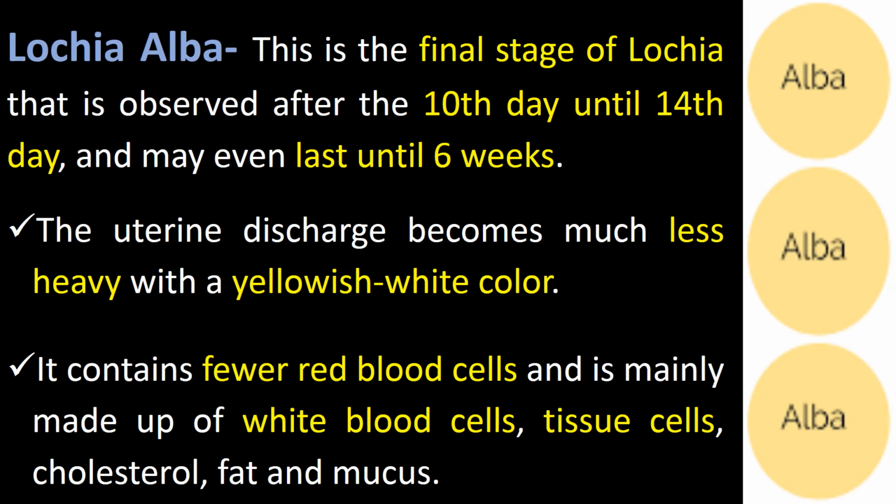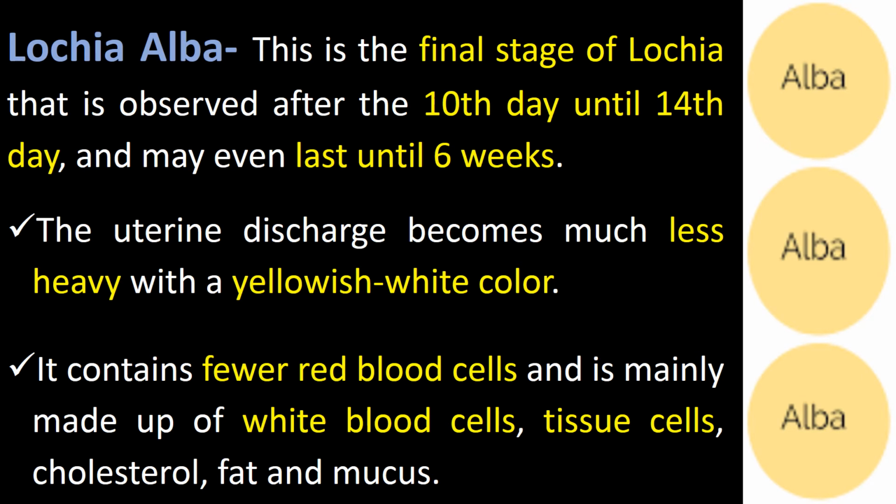The last type of lochia is what we call Lochia alba, and this is the final stage of your lochial discharges, and it is usually observed from the 10th day up to the 14th day of postpartum, and sometimes it can even last up until 6 weeks. The uterine discharges become much less heavy, and they have a yellowish-white color.